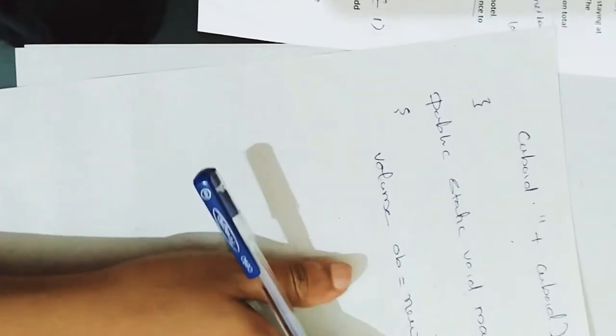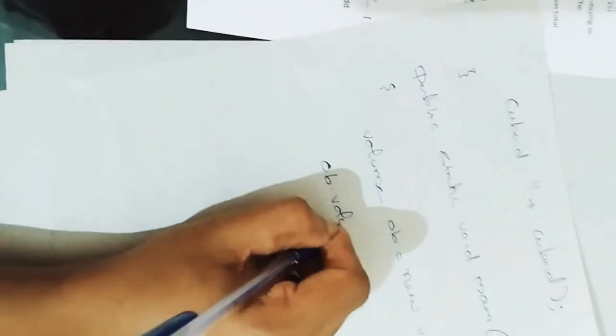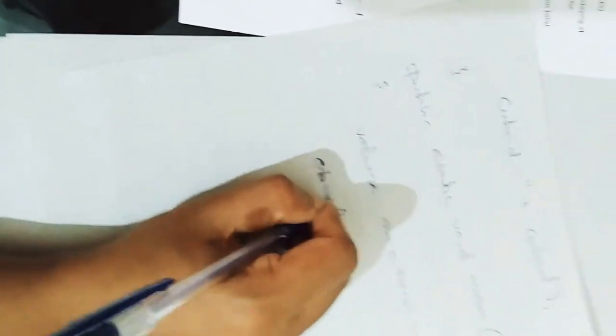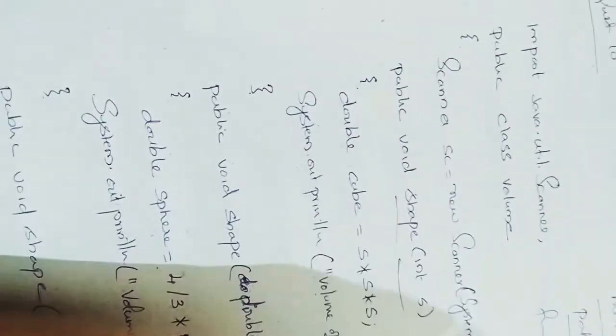Here they have not mentioned to accept the value from the user, so I am simply writing ob dot, I am going to call the functions. What is your function name? Your function name is shape. The first function is shape, and it is having an integer s. So ob.shape, I am passing a 5. It will automatically call the function which is having a single argument.